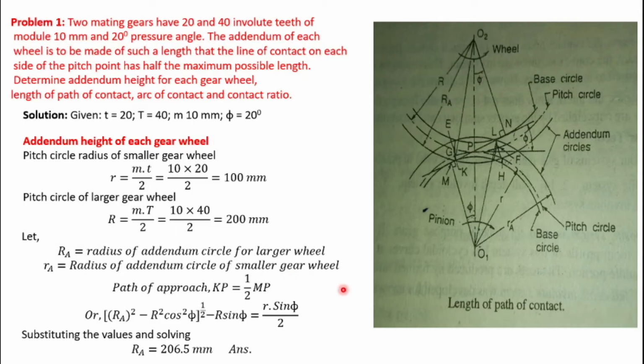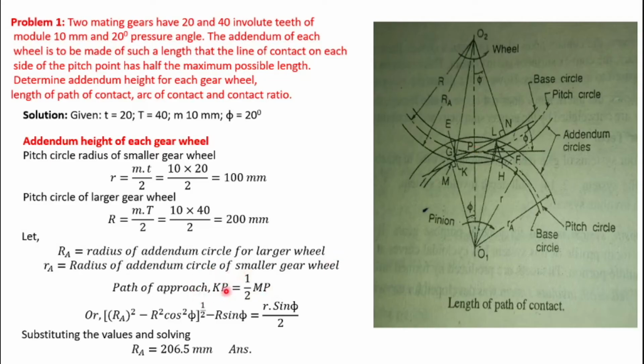Then, as you know, according to the question, from the figure we can see the path of approach is KP, and according to the question it is half of the maximum possible length, and the maximum possible length is MP, so it is half of MP.